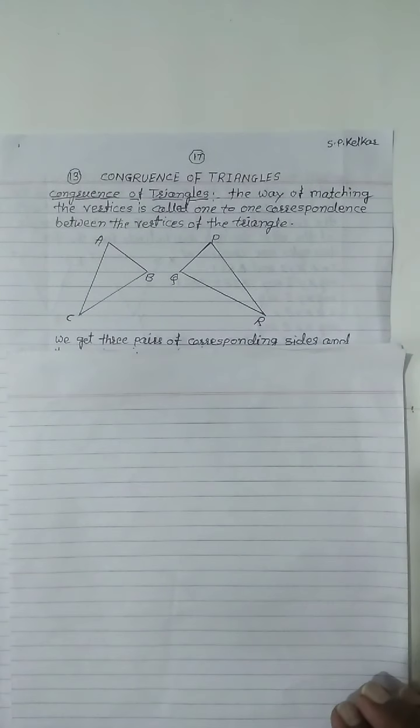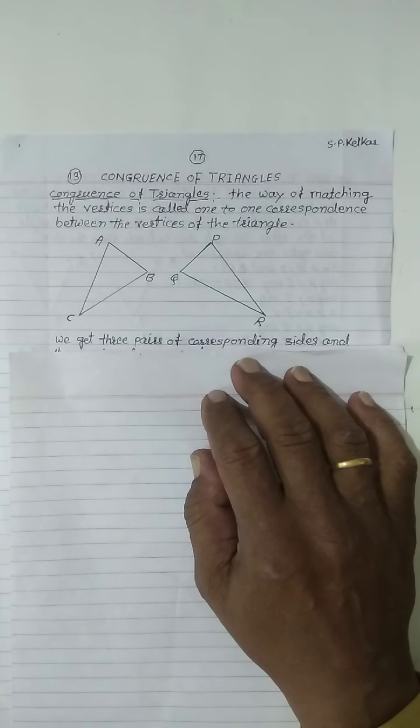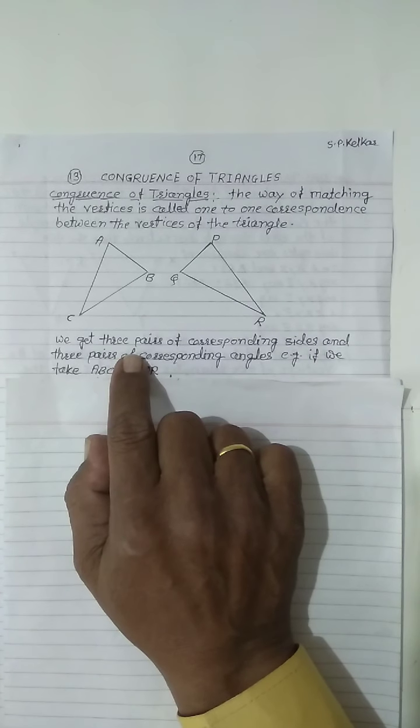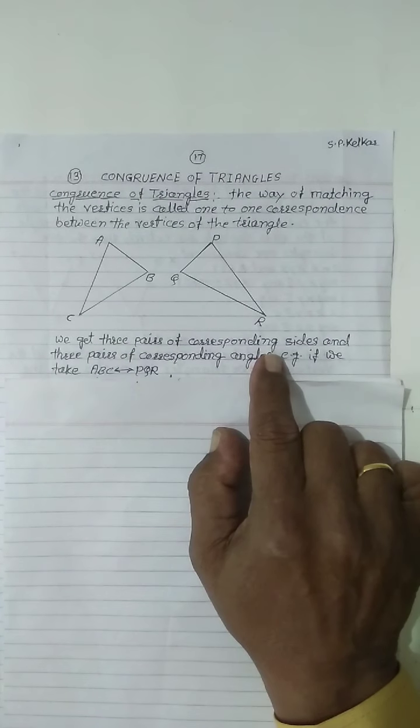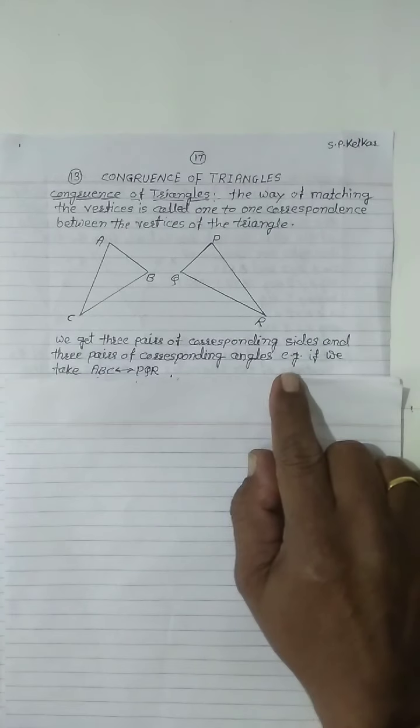Then these are the two triangles ABC and PQR. In these two triangles we get three pairs of corresponding sides and three pairs of corresponding angles.